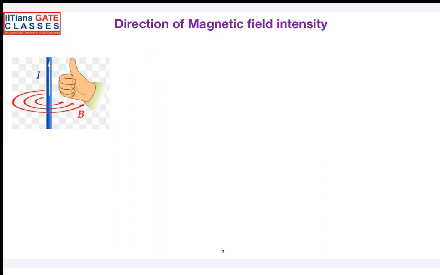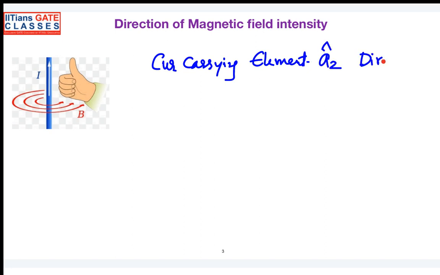So for example, I will give you one example, you can tell me. Suppose there is a current carrying element which is located along Z direction. Can you tell me what is the direction of magnetic field?